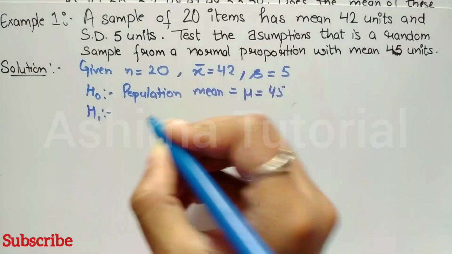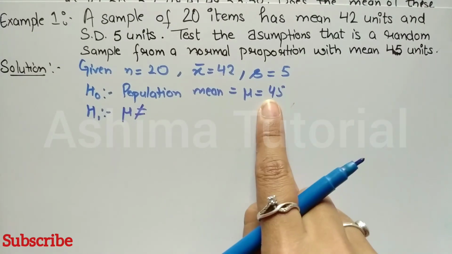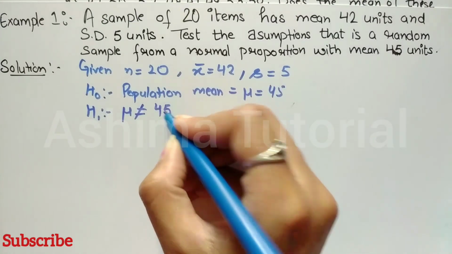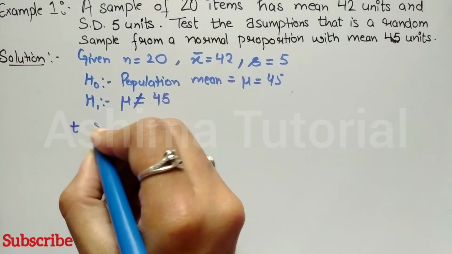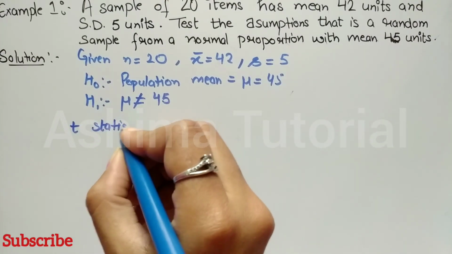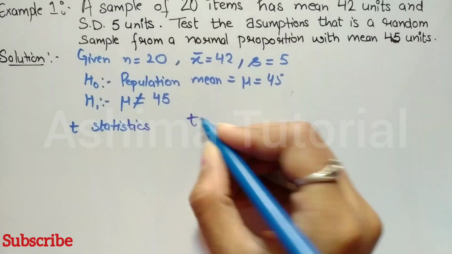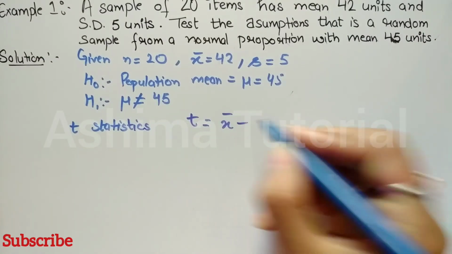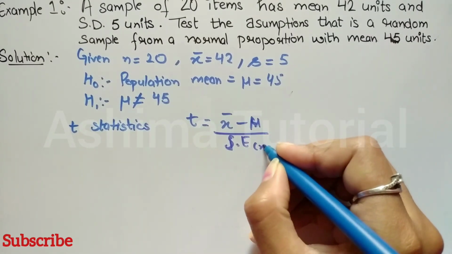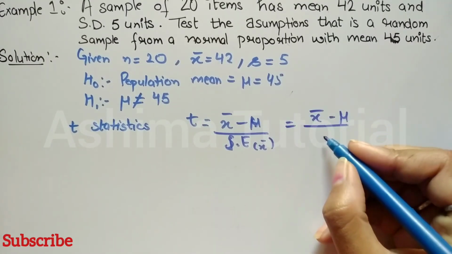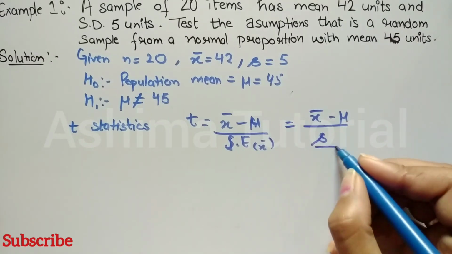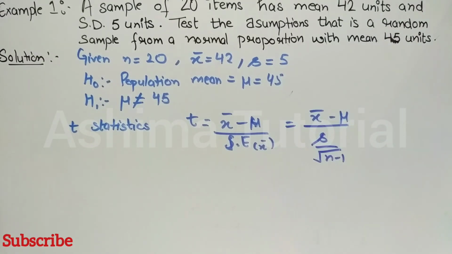Now H1, alternative hypothesis: mu is not equal to 45 units, which is a condition of two-tail. Now test statistic is T is equal to x bar minus mu over standard error of x bar, where standard error is equal to capital S or small s over under root n minus 1.